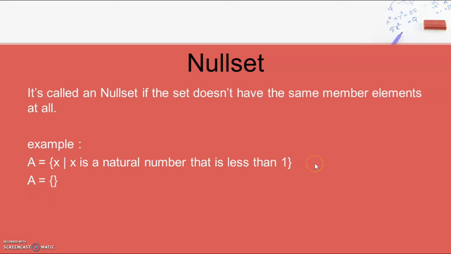This is the criteria of set A. It can be seen that there is no number included in the natural numbers that is less than 1. So it can be concluded that set A has no member, and the total of set A is 0.